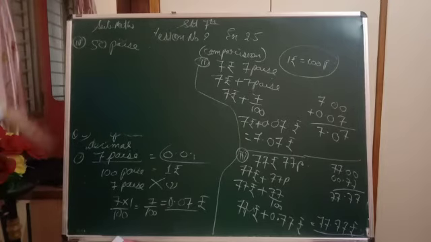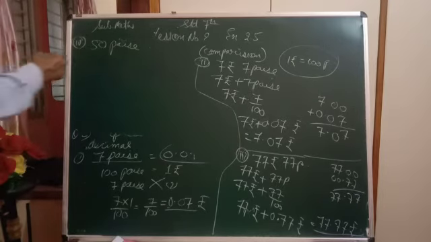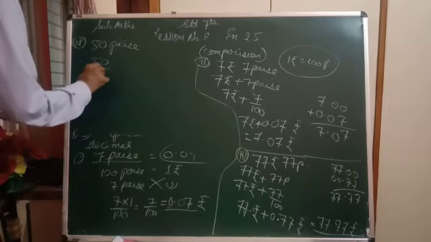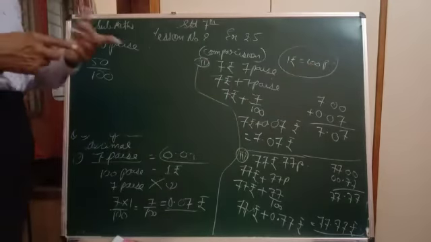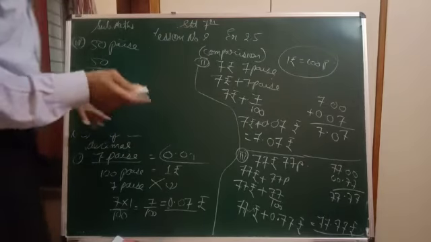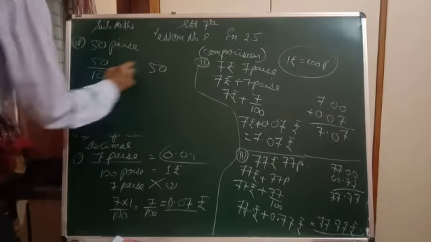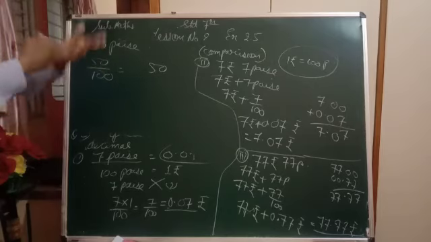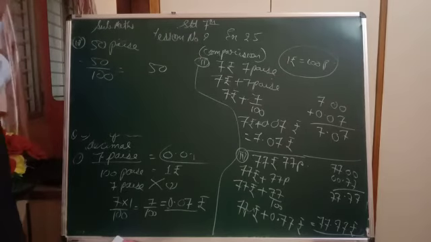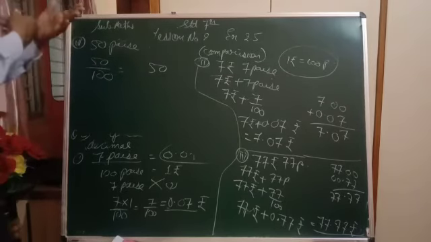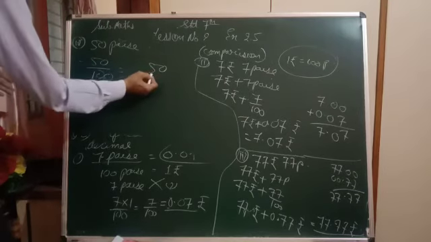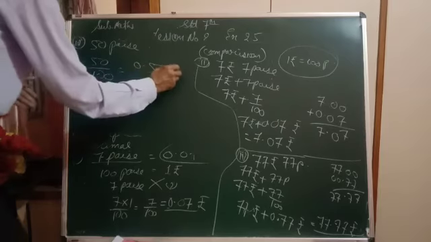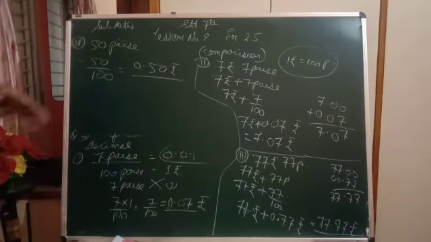Whenever paisa is given, we have to divide it by 100. Therefore, 50 by 100. Again, this unit: 1 rupee is equal to 100 paisa. We write 50 and for the decimal, 1, 2, we count from the right-hand side to the left-hand side, means we move backwards. 1, tenths, and the decimal point. So 50 paisa can be written as 0.50 rupees.